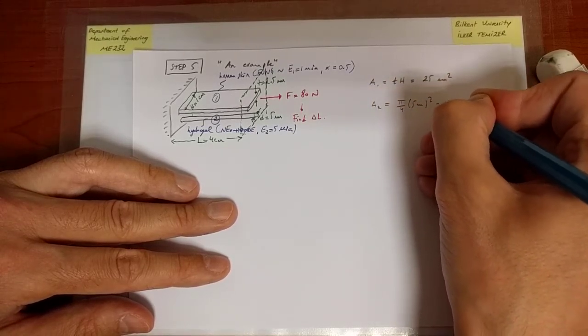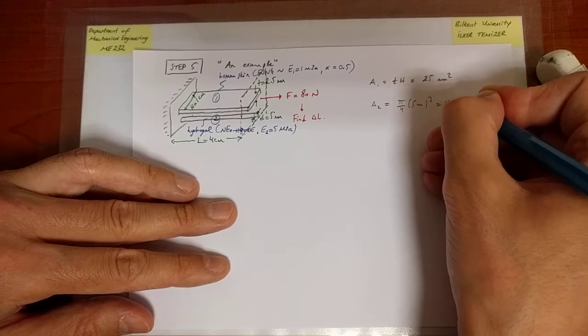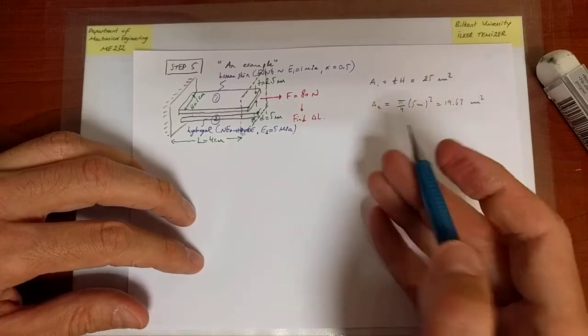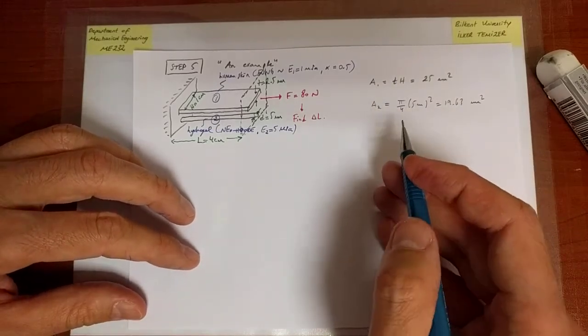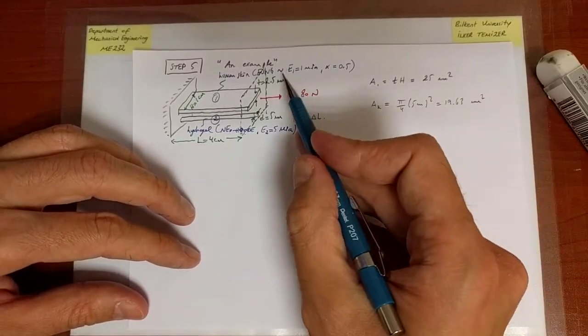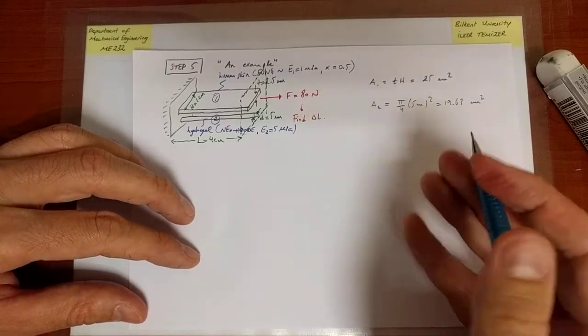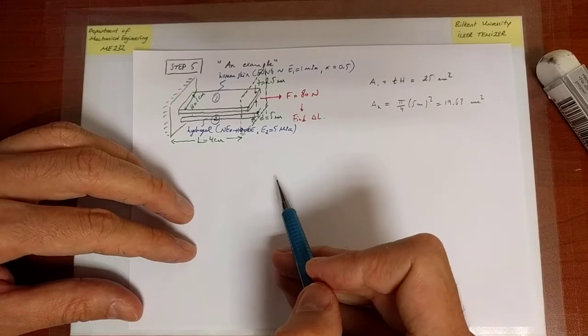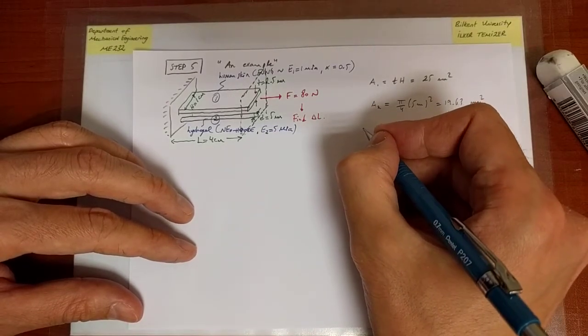That's the cross-sectional area of the cylindrical rod. That's 19.63 millimeters squared. So the areas are almost the same. They don't have to be, but they are the same, and therefore the moduli are not that different. So they will make significant contributions, both of them, to the corresponding force. I need to capture both of them accurately.